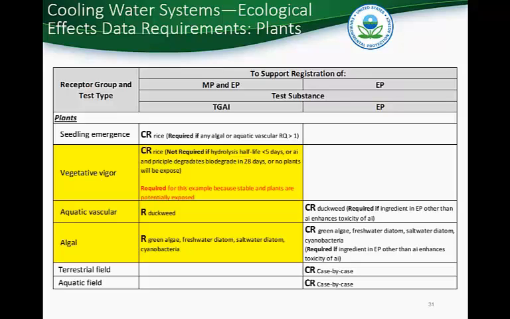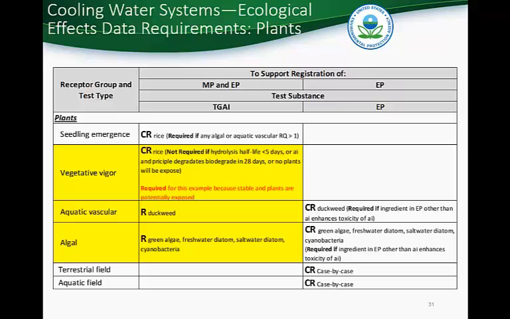Because the active ingredient in this example is persistent, a vegetative vigor study using rice with the technical grade active ingredient is also required. If the duckweed or any of the 4 algal tests will result in a risk quotient greater than 1, which is essentially the same as saying if the expected environmental concentration is greater than any of the NOAEC or IC values from these tests, then a seedling emergence test with rice using the technical grade active ingredient is also required.